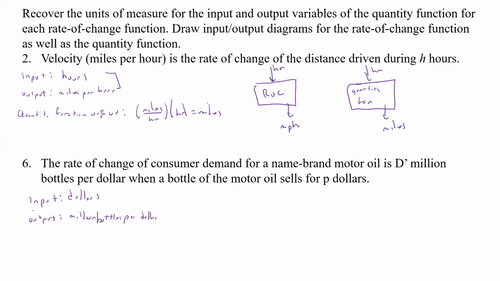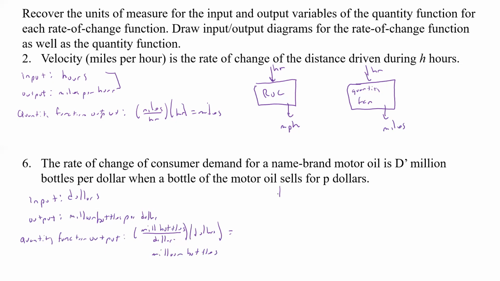Okay, and our quantity function output, what's that going to be? Well, we're going to take that times that, and so it's going to be million bottles per dollar times dollars, and we get million bottles.